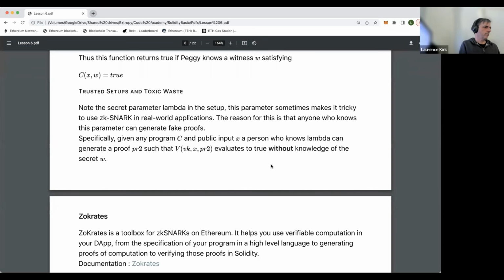And it can be a lengthy process. The process for Aztec, for example, took a number of weeks to do this trusted setup. So people think this is a disadvantage to zkSNARKs. STARKs, on the other hand, the other type of zero-knowledge proof, don't need a trusted setup. So that's a much easier process to start with.